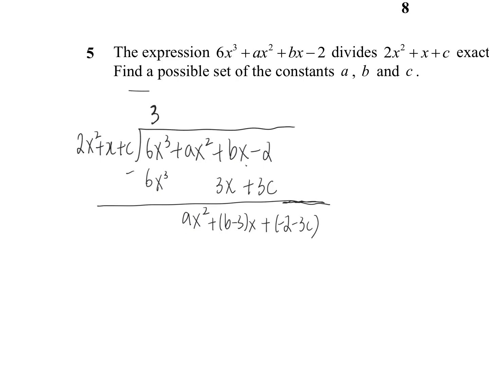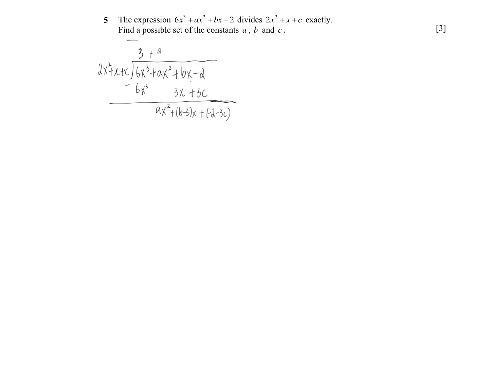But the next step, what should you do? What should you multiply so that this thing can be gone? Maybe A over 2. Yeah, because you want to make sure the 2 is also there, right?